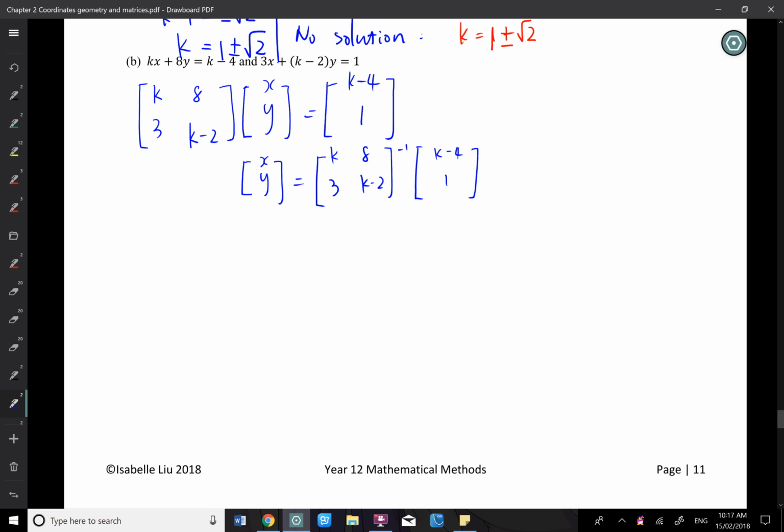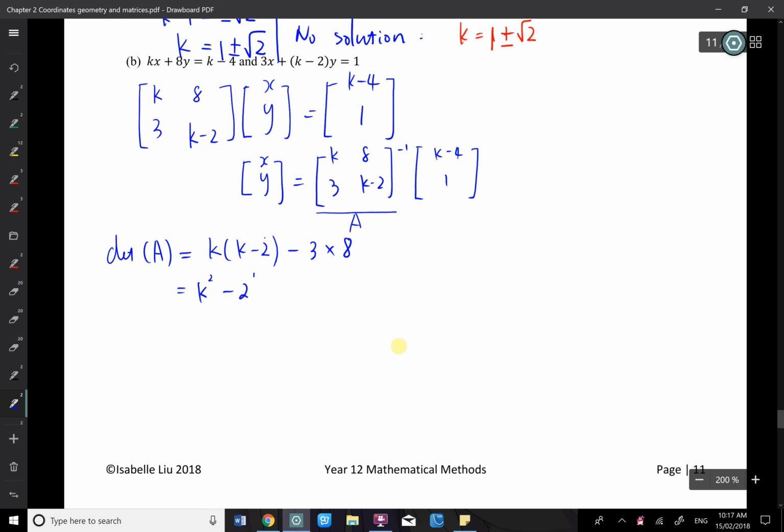I'm not going to keep writing the inverse, because let's say that's the matrix A. So the determinant of A equals k times k minus 2, minus 3 times 8. That's k squared minus 2k minus 24.